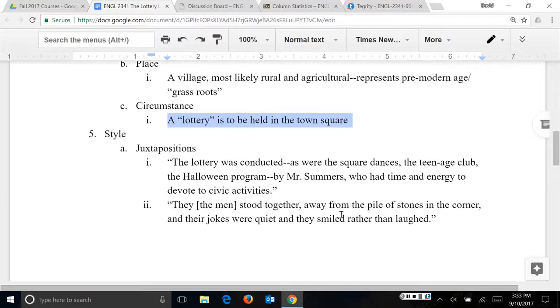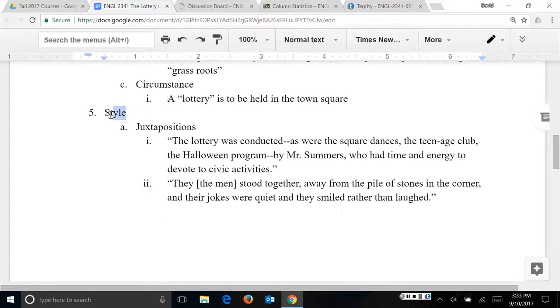Okay. Now we have style, and this is where juxtaposition is so important. Style really refers to how a story is told, in the kind of tone or mood that the story is narrated in. And of course, I can talk about mood and I can talk about tone, but I think the obvious device that Shirley Jackson sticks to is juxtaposition.